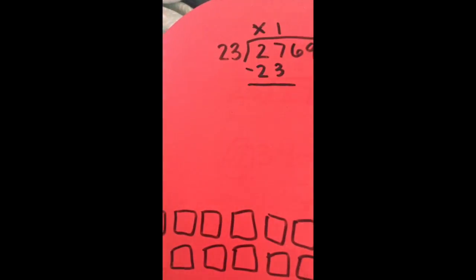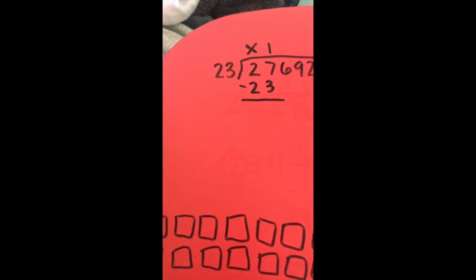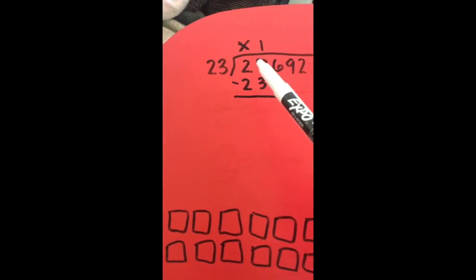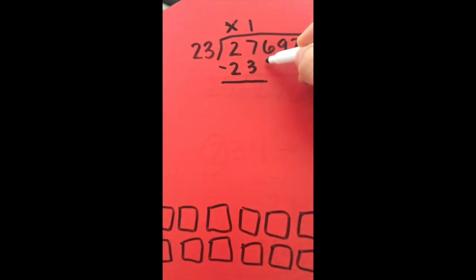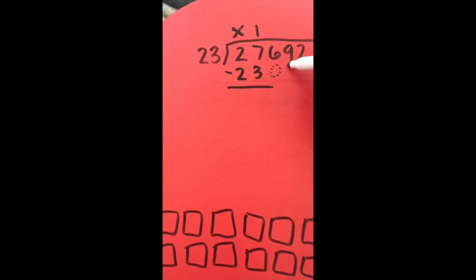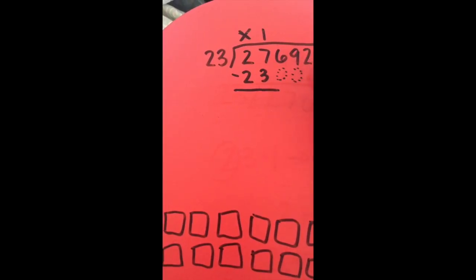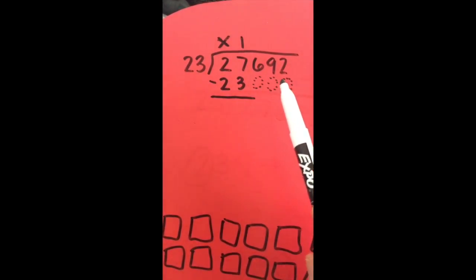27 minus 23. And now I want you all to imagine what we're basically saying is 27,000 minus 23,000. So we will just pretend that there are zeros there. They are just not currently relevant, but we'll draw them so you can get a better image.